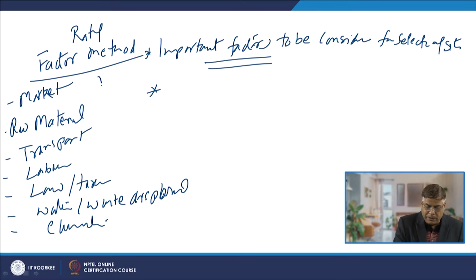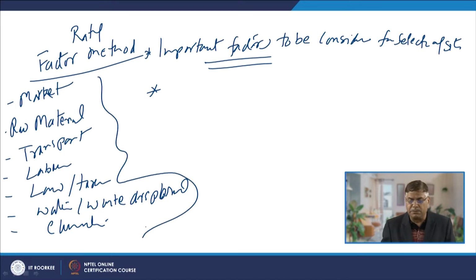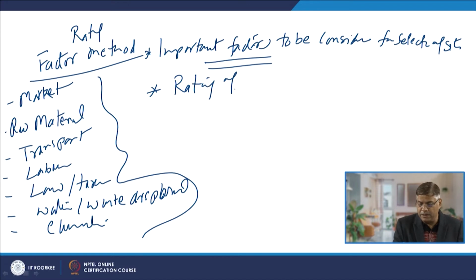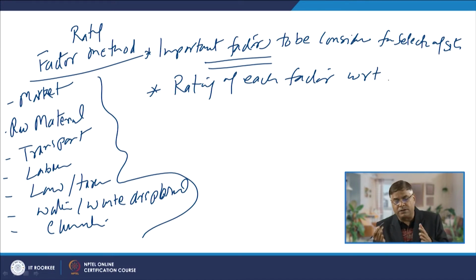But all these factors may not be equally important for all the sites as well as for all types of plants. So, after identifying the important factors to be considered for selection of site for a particular type of organization, we have to give the rating. Each factor is given a rating with respect to its importance for the particular type of organization.